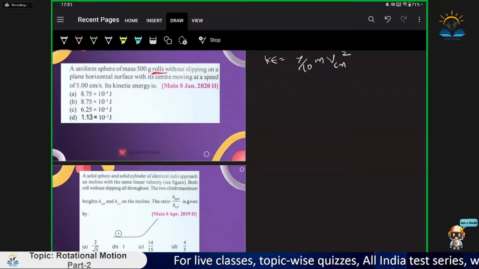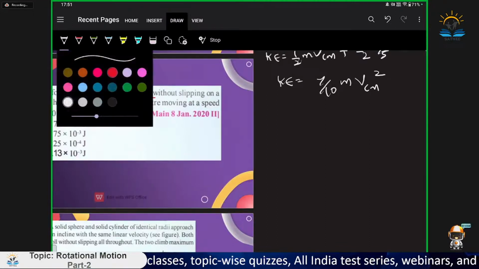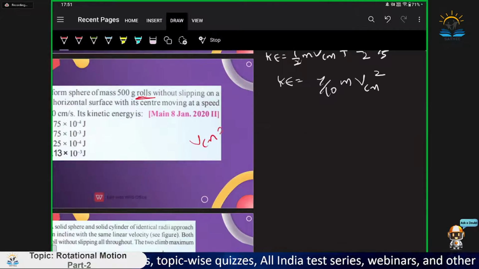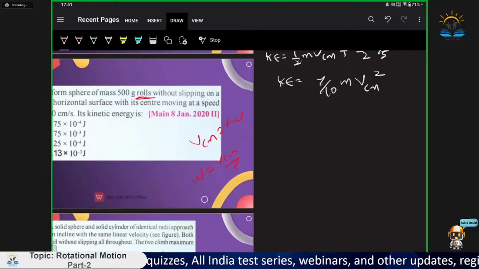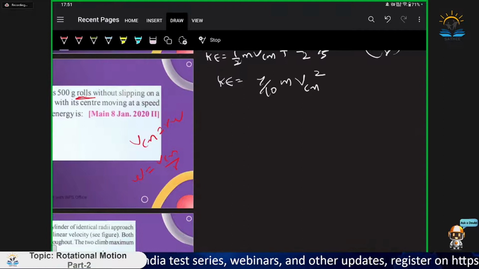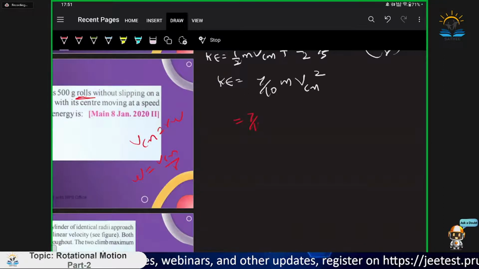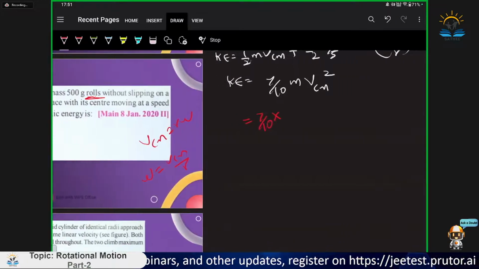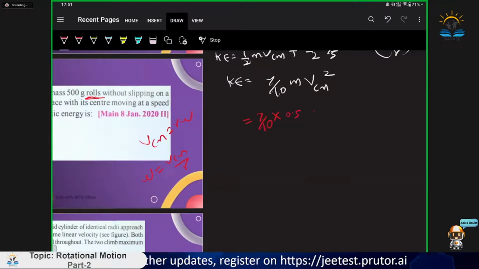The condition of rolling is VCM equal to R omega, so we can write omega as VCM by R. We'll get kinetic energy 7/10 m VCM square. Here the mass is 500 gram, that is 0.5 kg.